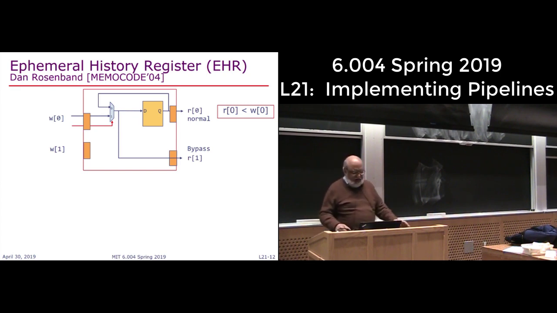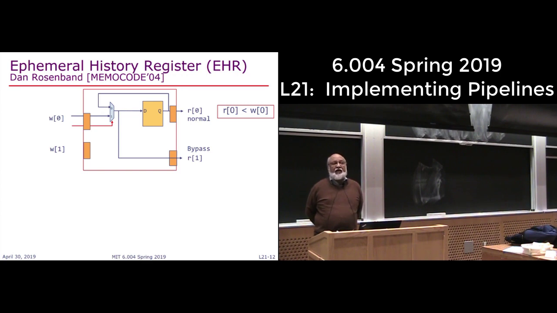This is a bypass path. So here I'm giving you a register with one write port and two read ports. Read port R0 reads the old value in the register, R1 reads the new incoming value. If there is no incoming value, then R1 will also read the old value. Is this picture clear to everyone?